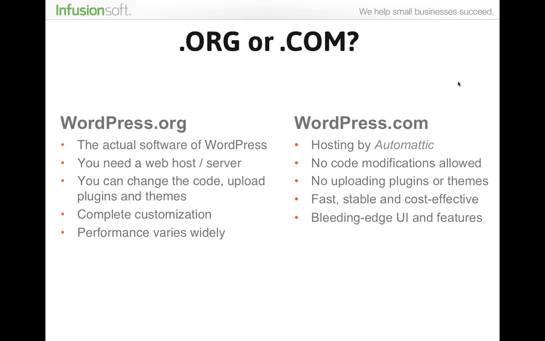To use WordPress, you do need a web server or a web host. You could host it locally on your own computer, with a couple tools out there. But in the end, you need to make sure that you have a web host where you're going to put your WordPress software on. You can also change the code and upload custom plugins and themes.